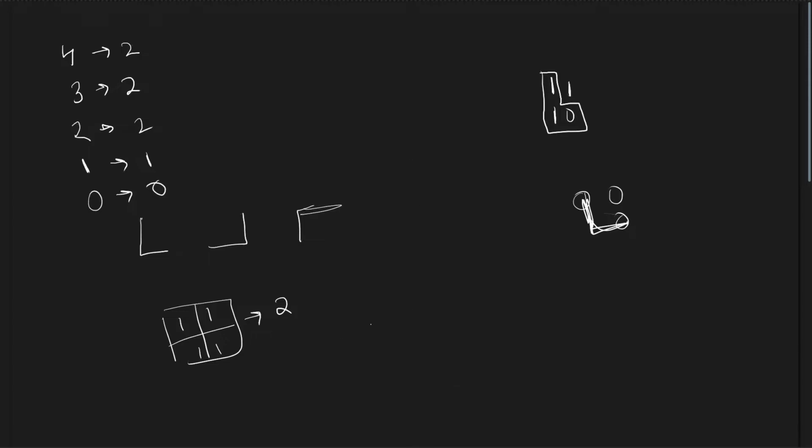So we have observed that in a 2 by 2 grid, the maximum number of steps that we can take to convert them all to 0 is the minimum of count and 2, where count is the number of ones currently present in the 2 by 2 grid.